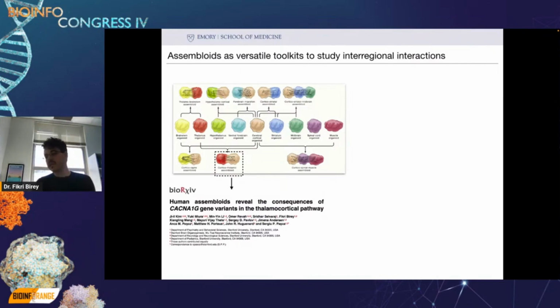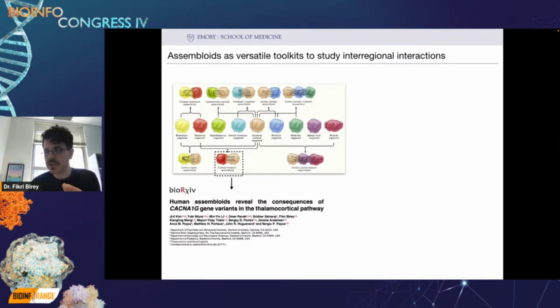This is a hugely essential and fundamental interregional interaction that drives early corticogenesis, the cell-extrinsic aspects that depend on the early presensory activity that comes from the thalamus. So this is a very exciting model that we had worked on for a while and just came out.